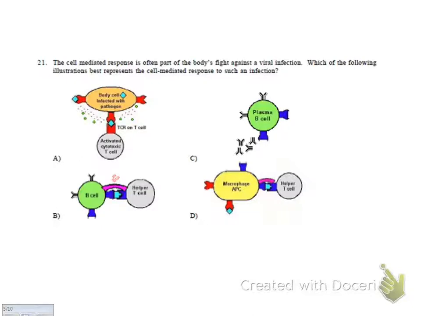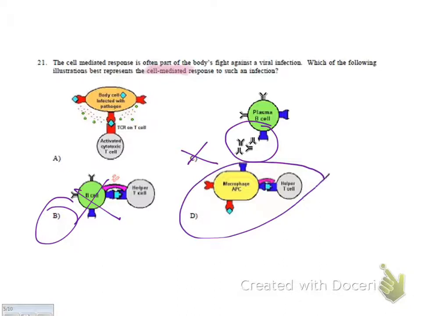Okay, so the question is asking you about a cell-mediated response. Right off the bat, you should have known that the correct answer was not C, with those antibodies, and the correct answer was not B, with those B cells. So remember, cell-mediated is going to be T cells. This one has a macrophage and a helper T cell.